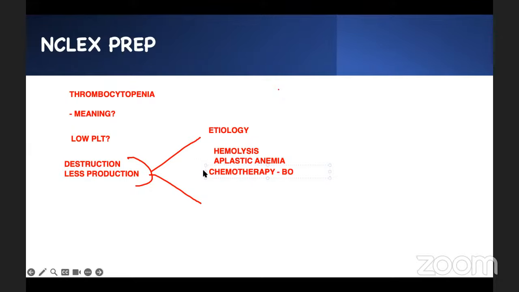Chemotherapy will lead to bone marrow suppression. Yes, chemotherapy. Somebody said, excellent. Bone marrow suppression. You guys doing good. What else do you think? Drugs, right? Drugs can do that. And somebody said heparin-induced thrombocytopenia. So we have heparin and we have some drugs too, right?